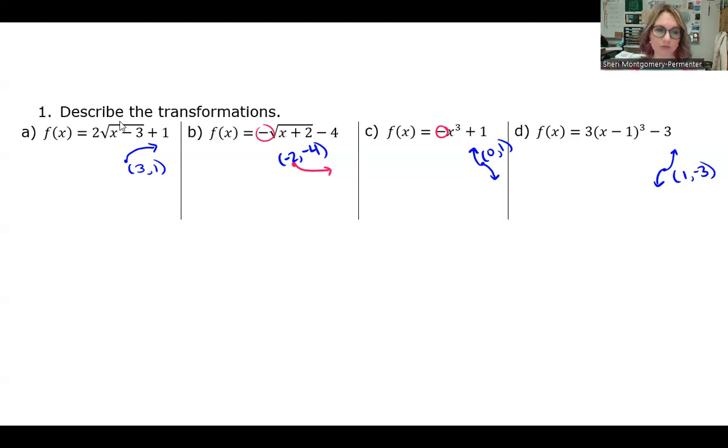This one has a 2 out front, so that's going to stretch by 2. Nothing but the negative. The negative reflects, so that would be a reflect over x. Same thing with C, you reflect over x.